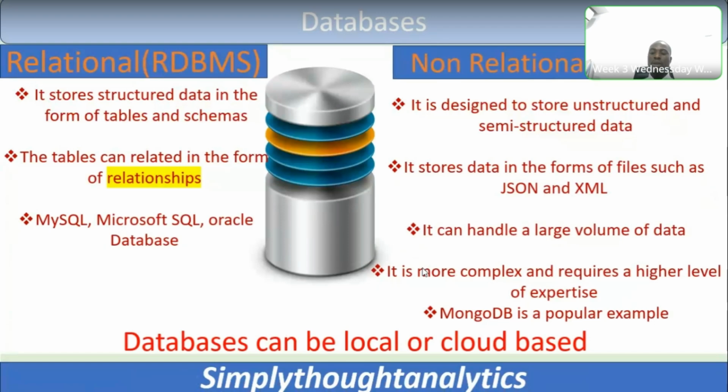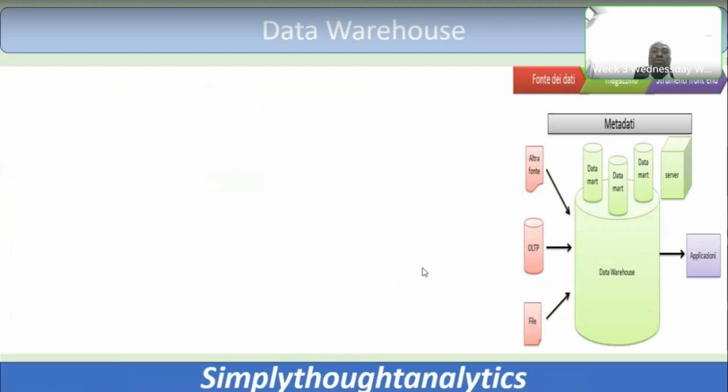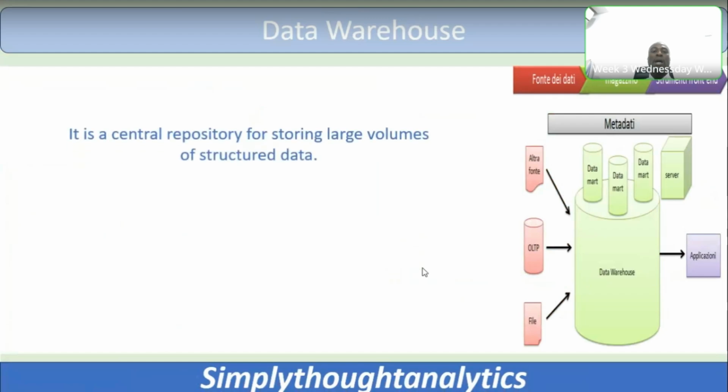Data warehouse. A data warehouse is, like I said before, a combination of several databases, but it is for large volumes of data, and it must be structured data. If you remember the ETL process that we discussed in the previous videos and previous seminars, this is where it is useful.